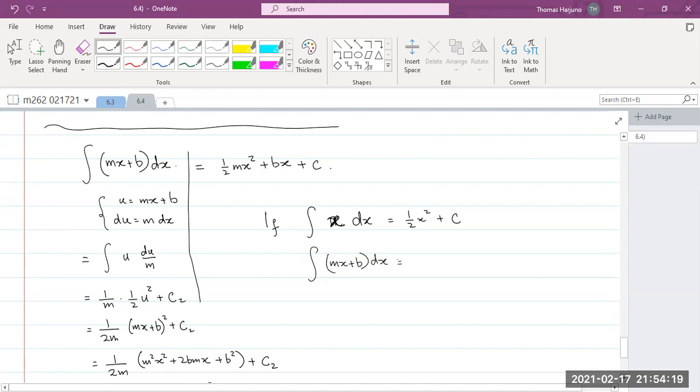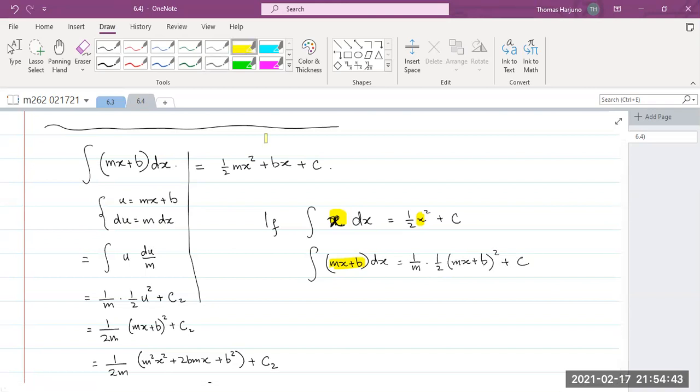I want you to realize you basically substitute that x by this expression. You basically do that substitution with 1 over m in front of that. So if you substitute your x by that, with an extra coefficient.